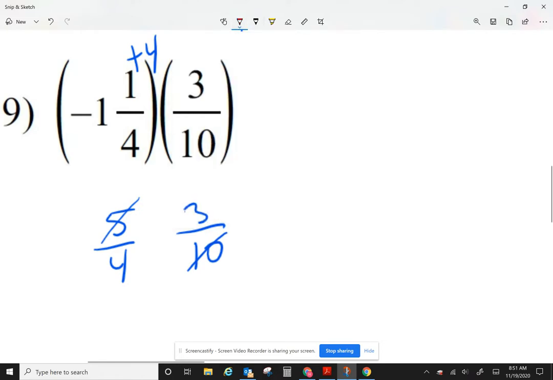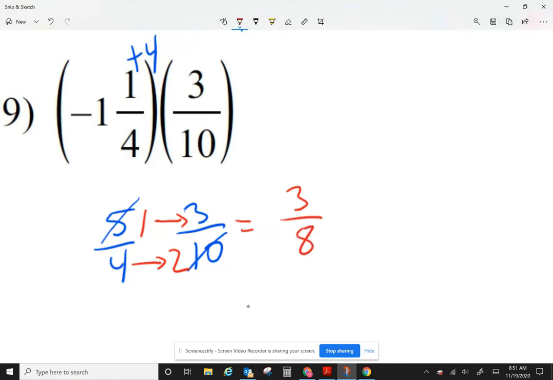Remember, when I say simplify, choose a number from the top, a number from the bottom. It's okay if they come from the same fraction or different fractions. So 5 divided by 5 is 1. 10 divided by 5 is 2. Now multiply your numbers on the top: 1 times 3. At the bottom, 4 times 2.